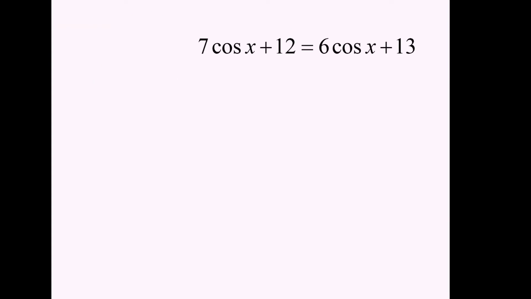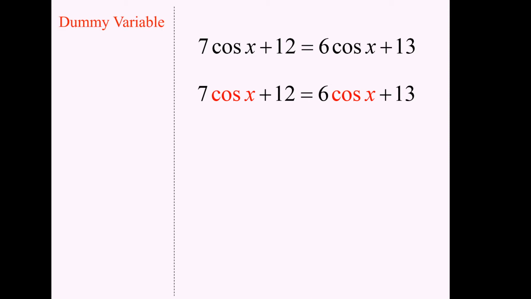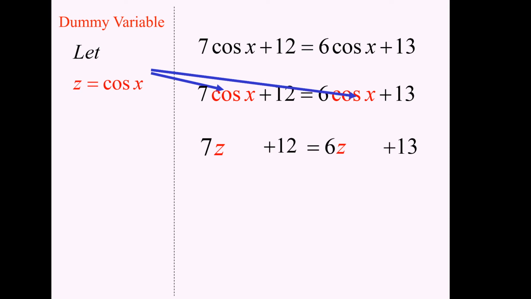Now let's try another one: 7 cosine of x plus 12 equals 6 cosine of x plus 13. We know the highest power of the trig function is linear, so we just bring everything to one side. We want to subtract 7 cosine of x and 6 cosine of x. Or we can set it as the dummy variable with cosine of x equals z. Let's solve for z first.